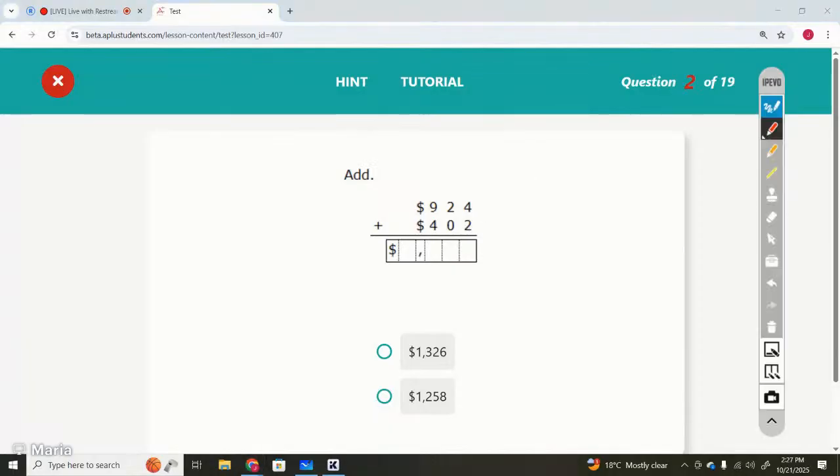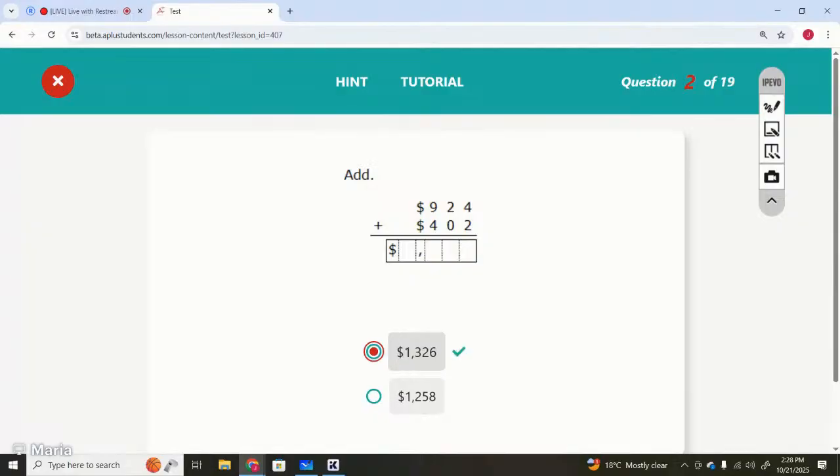Add 924 plus 402. 4 plus 2 is 6, 2 plus 0 is 2, 9 plus 4 is 13. That is 1326. Option number 1 is the correct option.